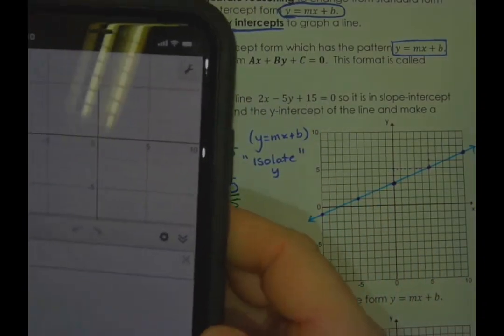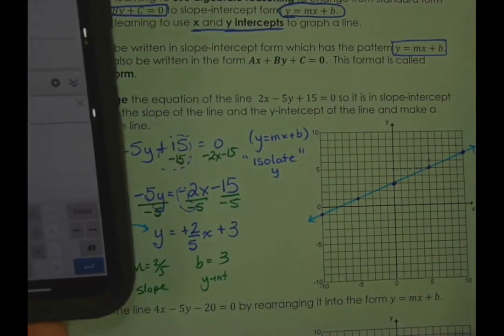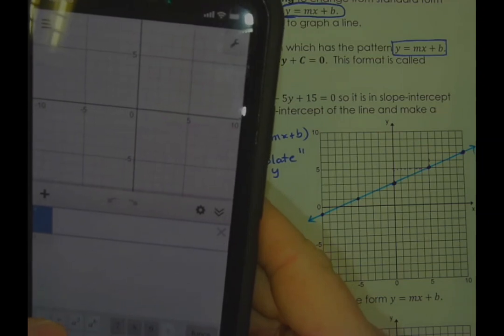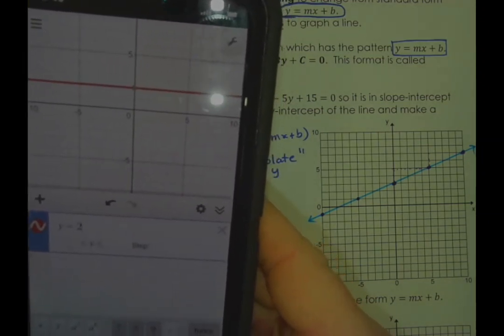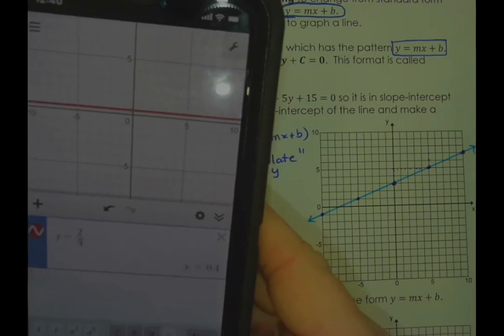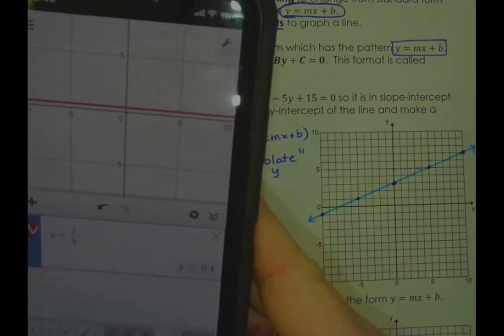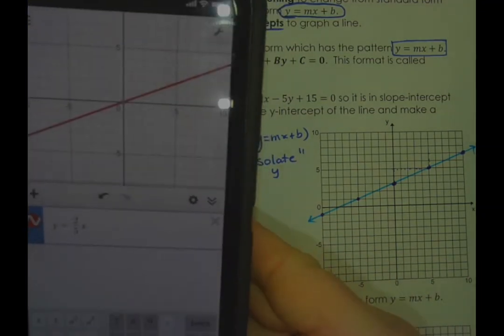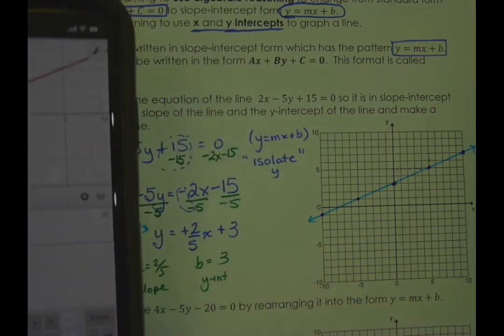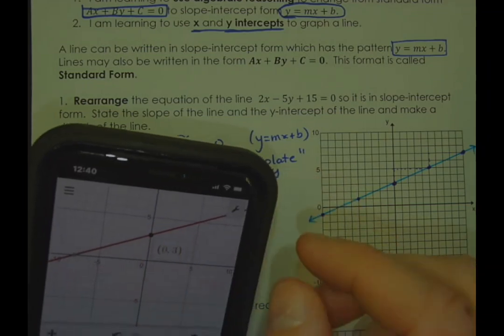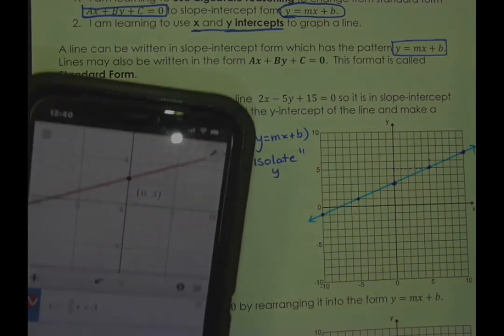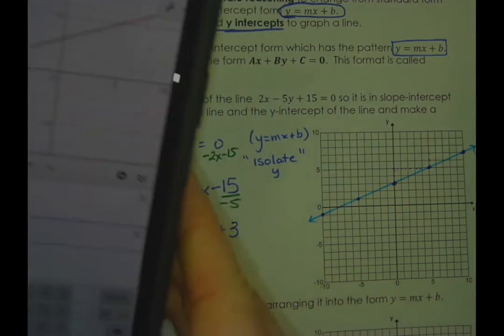And if I wanted to check my thinking, I could use my Desmos calculator. I can type in both functions. y = 2 divided by 5x + 3. So that line looks exactly like that with the y-intercept of 3. And I can type in the second one.